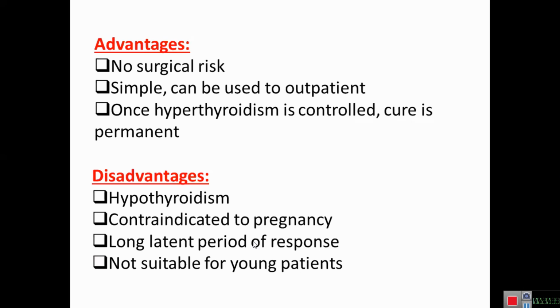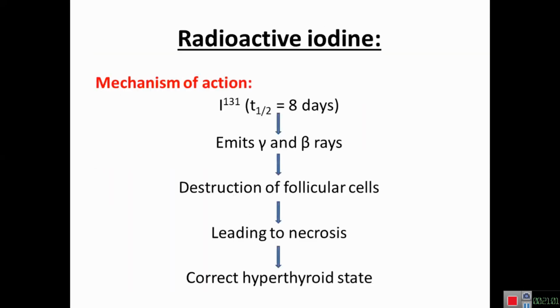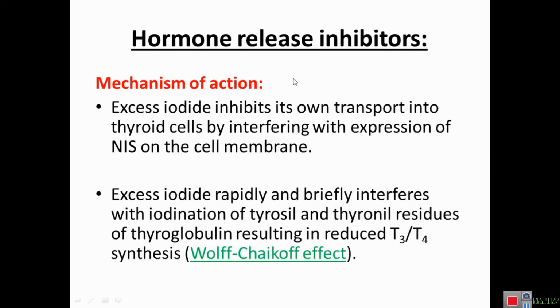But for the preparation of thyroidectomy, we can't use radioactive iodine. Why? Because of the slow onset of action. We can't use radioactive iodine to prepare the patient for thyroidectomy. So these are the very important points regarding radioactive iodine.